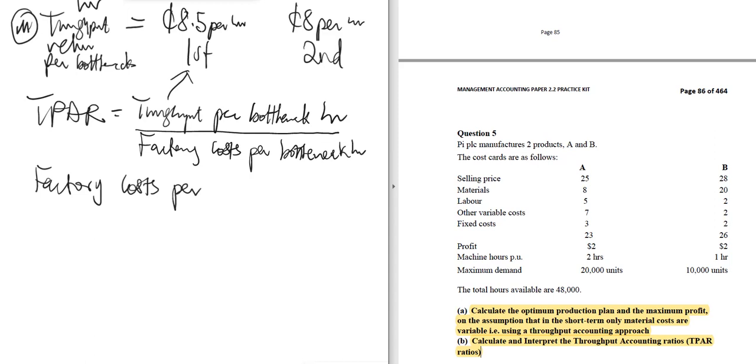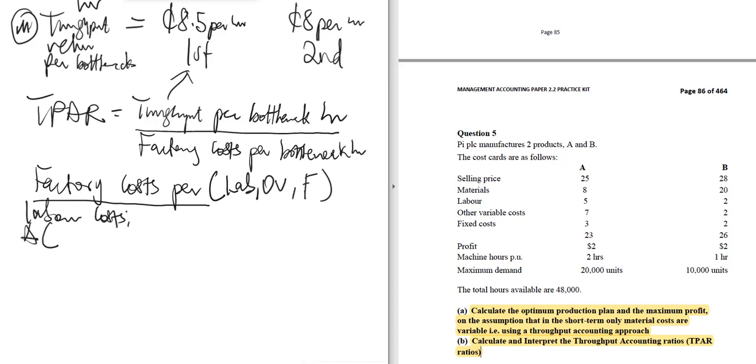So first of all, let's get our total factory cost. Remember that all costs apart from material are factory costs. So labor, other variable costs and fixed costs are all factory costs. I'll first take my labor cost. With this working also, we get some marks in the exam.